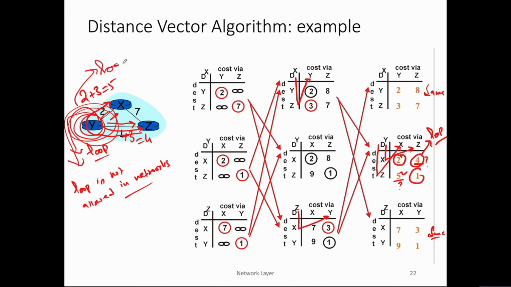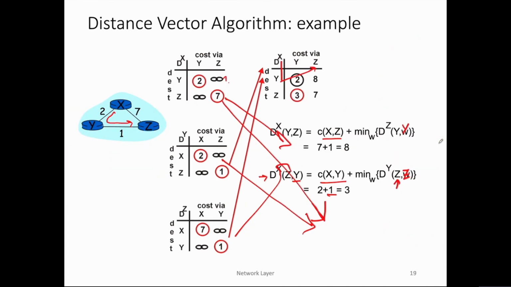So this can create a problem in terms of convergence, the number of iterations required for the convergence of the algorithm. This problem needs to be taken care of. We'll see in a minute how we can cater to this problem.